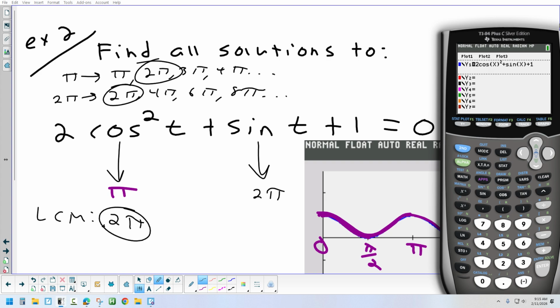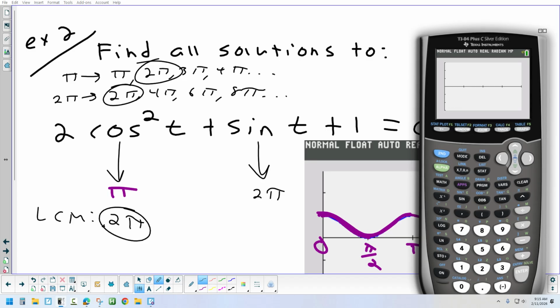Now, this isn't going to look like a sine or a cosine wave because it's more complicated. It's going to have a pattern to it, but it's not going to be just a nice simple wave. My y max is a little too low, so I am going to fix that. Let's put the y max at 4, and that's good. That is a picture of the graph.